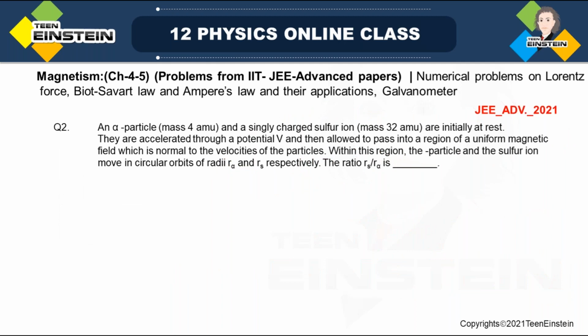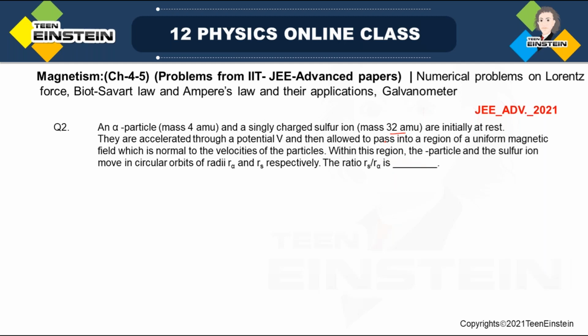Now we'll try to solve the second question. So this question says an alpha particle of mass 4 mu and a singly charged sulfur ion having mass 32 mu are initially at rest.